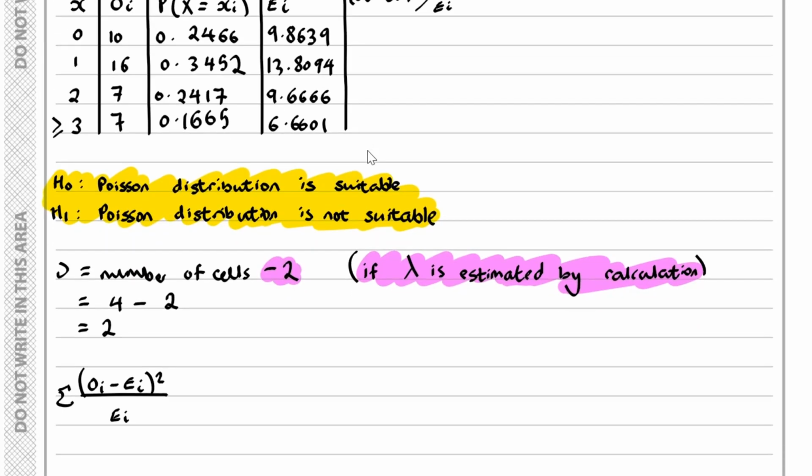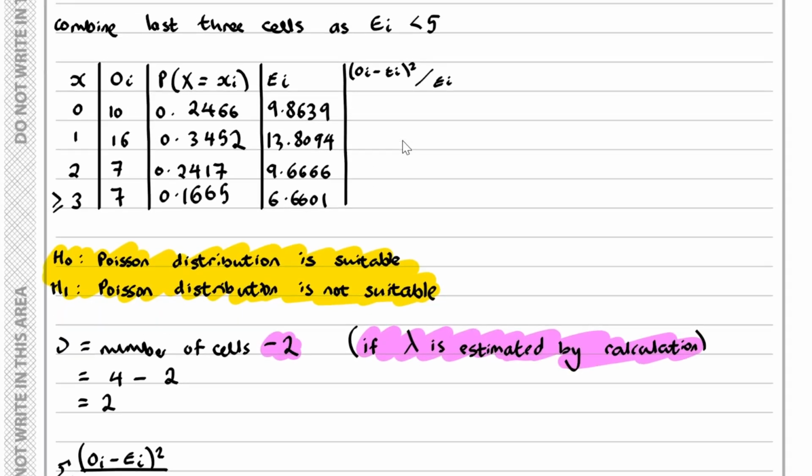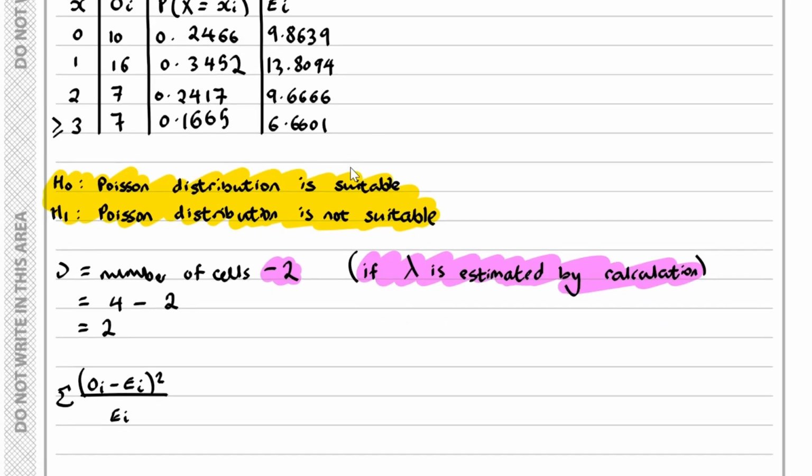So what we'd have to do over here then is calculate that. Actually, let's get rid of this and just work it out straight away. We can work this value out easily.